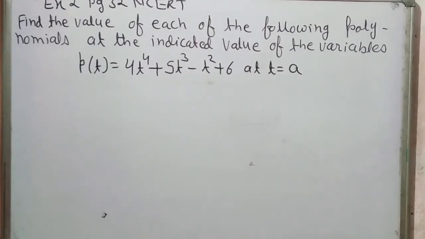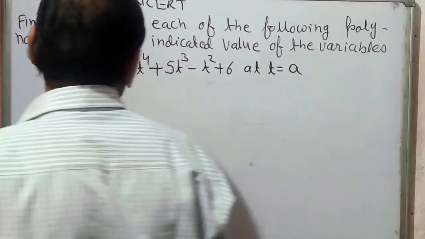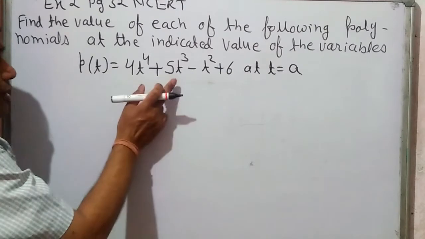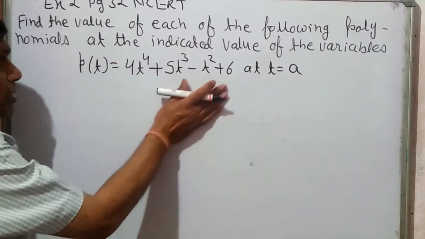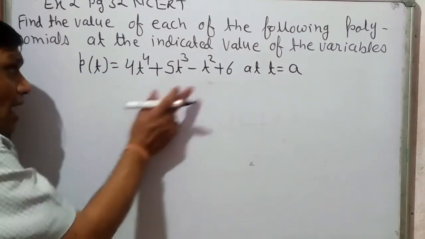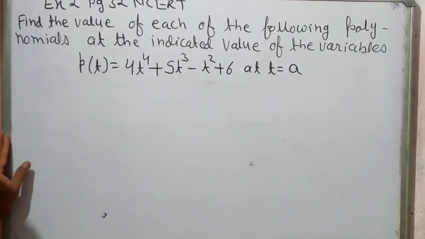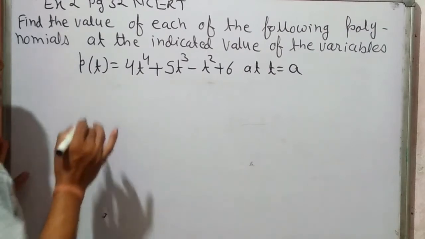Dear students, the third part is a polynomial in t: 4t raised to power 4 plus 5t cube minus t square plus 6. And the value of the variable is given to be a. That means we are actually going to replace the variable t by a new variable a. That's it, no change will occur.